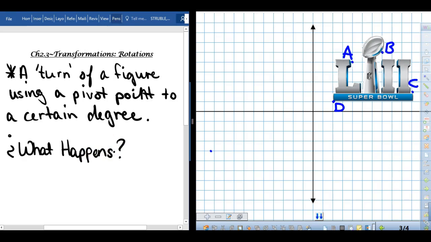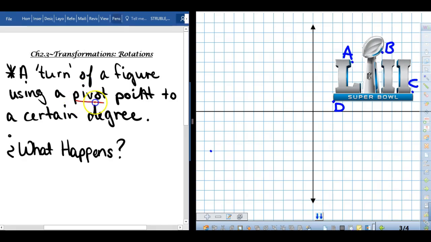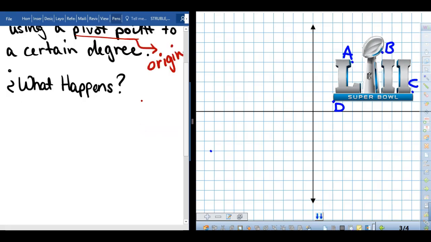Now, as far as pivot points go, the pivot point that we're going to concern ourselves with at this point in time is going to be the origin. So from here on out, when I say the pivot point or the origin, you can identify those as being one and the same. As you go further in your math careers, you'll learn how to rotate figures using different or specific pivot points that are not the origin, but for this purpose we're just going to stick with that.